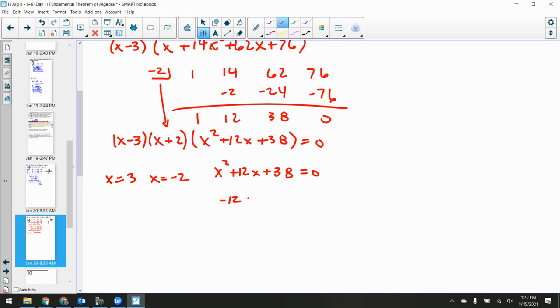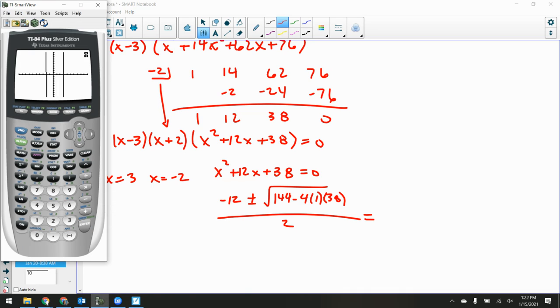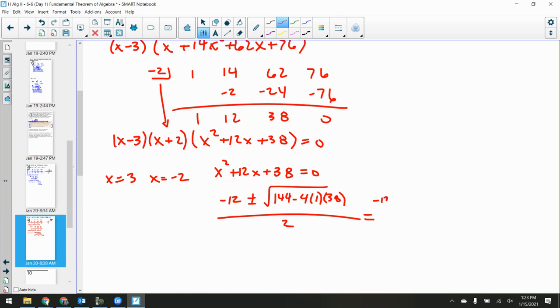The opposite of b plus or minus the square root of 12 squared minus 4ac all divided by 2a. We go inside our radical. 144 minus 4 times 1 times 38. Negative 8. Negative 12 plus or minus the square root of negative 8, all divided by 2.